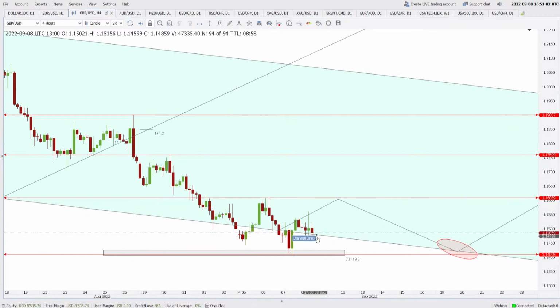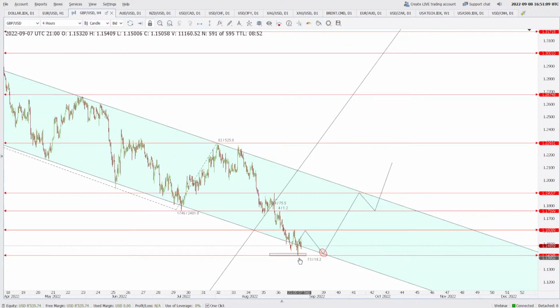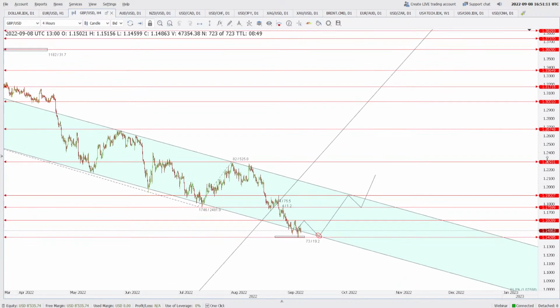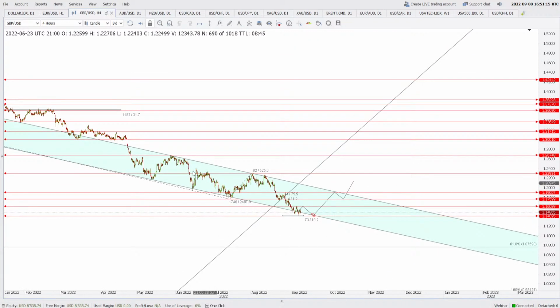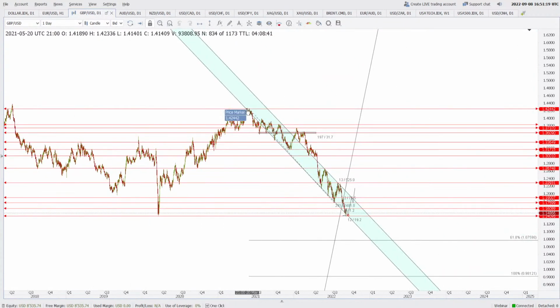So what I was trying to say here is that the bulls are going to protect this 1.1409, but if they are not able to protect it, there is a high possibility that this price will see the 1.0759 area, of course, because this is a Fibonacci extension from this level here around 1.5 years back.